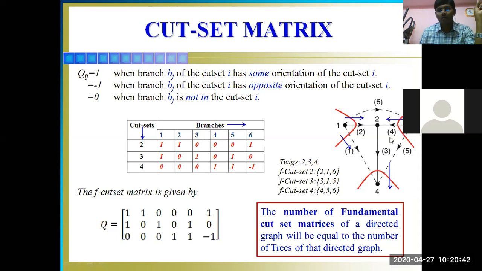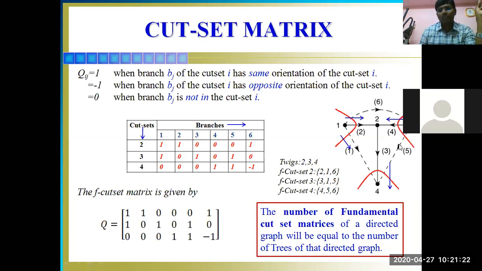Now come to node 4, twig 4. In this cut set, we removed 4, 5, 6. The direction of this cut set is away from node 3. So for 4, the direction of the twig is similar to the direction of the cut set. So therefore for 4 it is 1. Coming to 5, it is also oriented away from node 3 like 4.